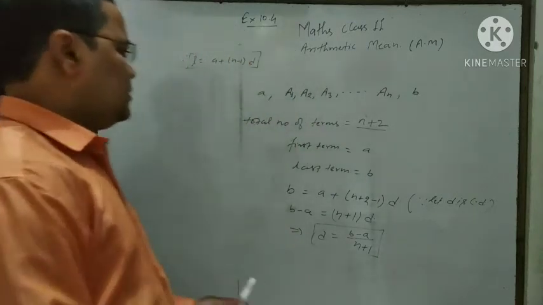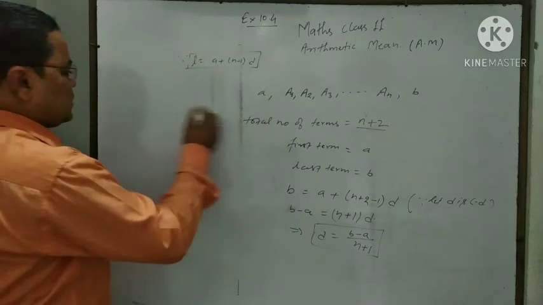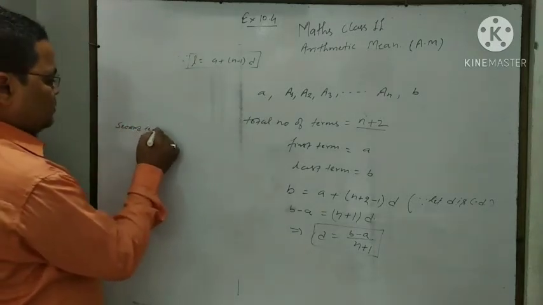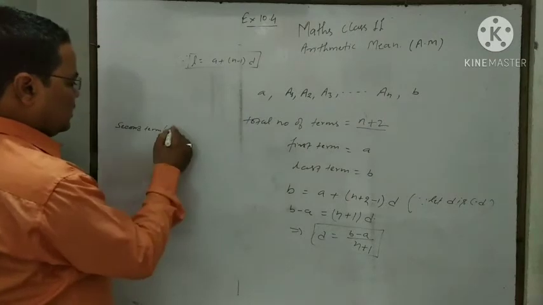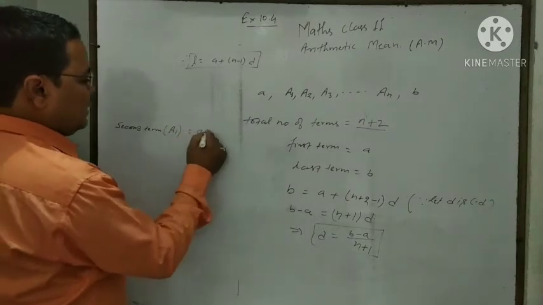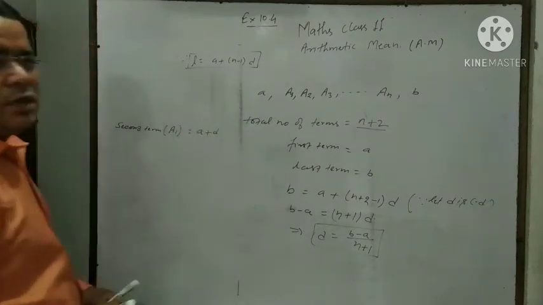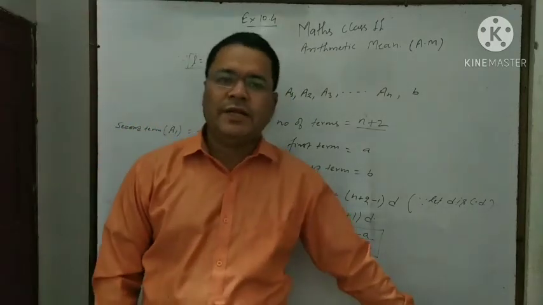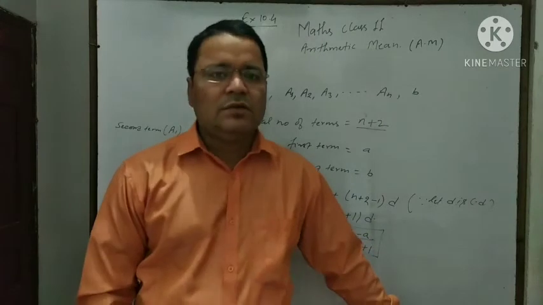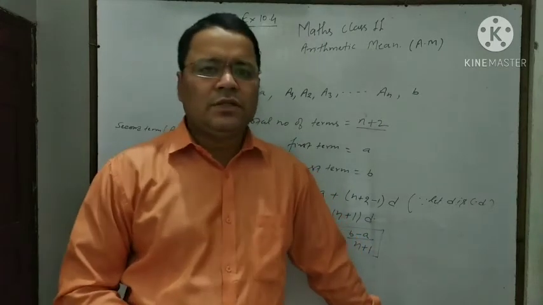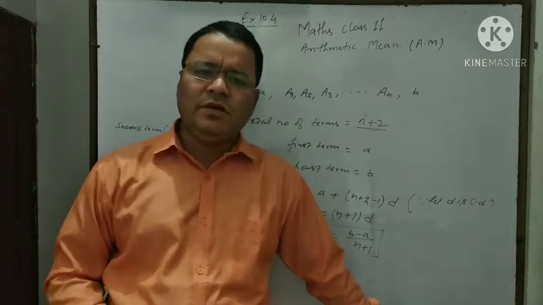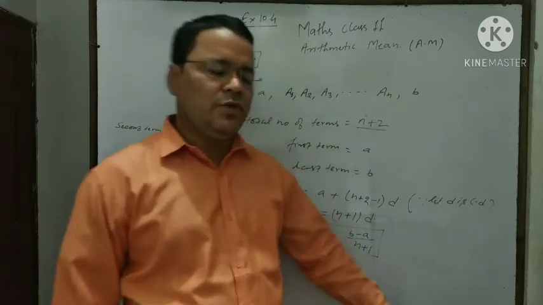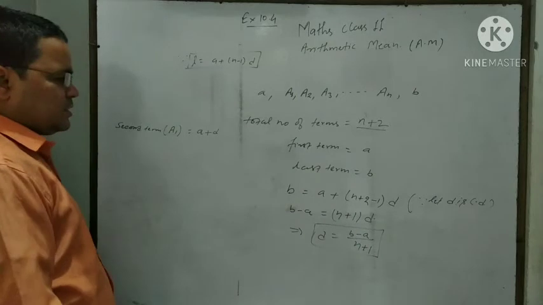Okay, it means if we want to find the second term, what is the second term? That is a1. It is a plus d. Why? Since we know that if a is the first term and d is the common difference, then the first term will be a, the second term will be a plus d, the third term will be a plus 2d, and like that we can find the next term.